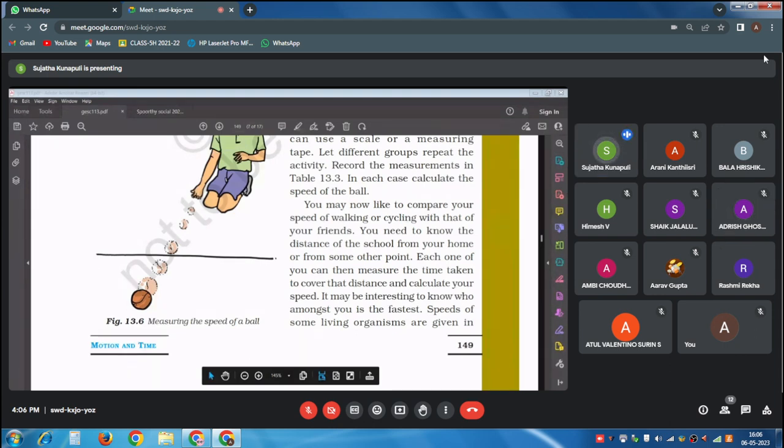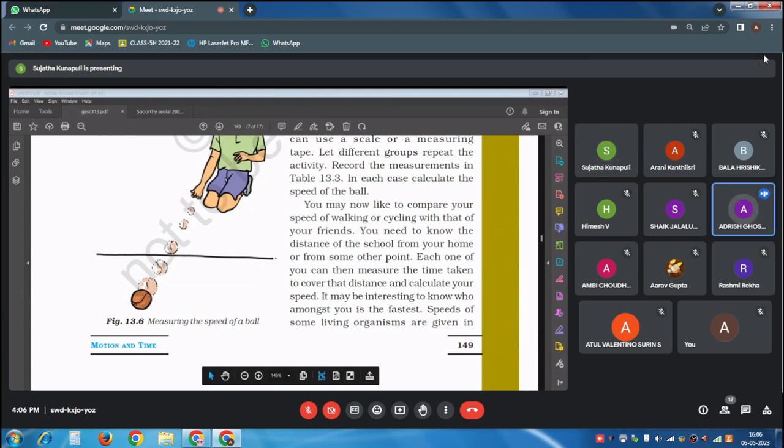Yes, if we put more force, then the ball will travel more distance. It will go faster and cover more distance. In the same way, if you use less force to push or roll the ball, what will happen? It will not cover as much distance as it did in the first situation.